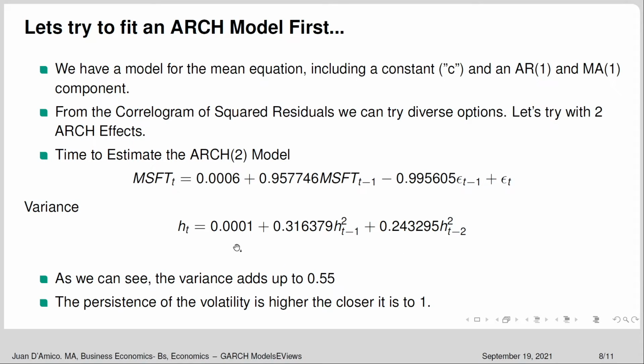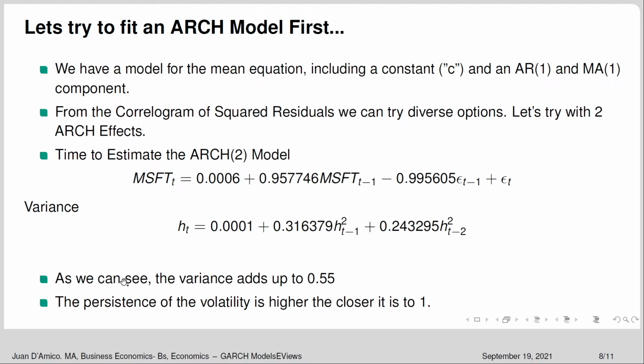What you can see is, remember that as a requirement both terms had to be positive, and you can see that these two terms are positive. The second thing you have to ensure is that adding these two terms is not going to exceed 1.